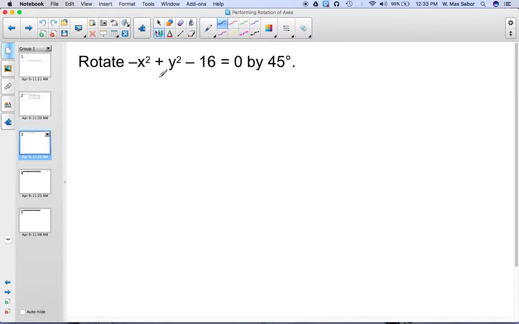So if we're going to rotate this equation by 45 degrees, x equals x prime cosine minus y prime sine, which in this case, we have 45 degrees, so that's square root of 2 over 2.